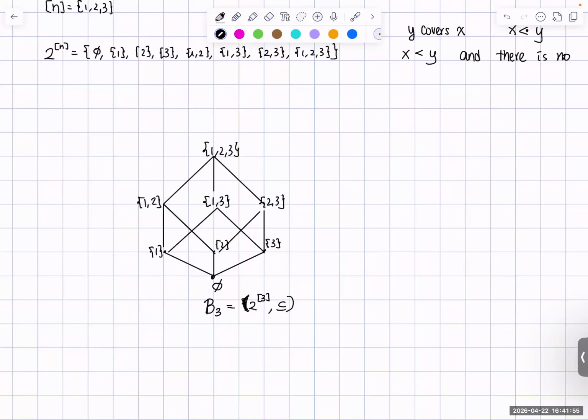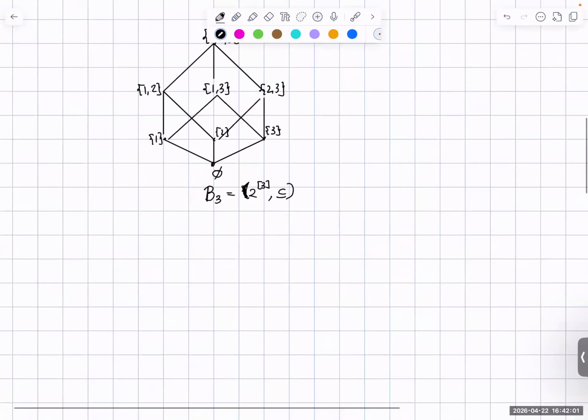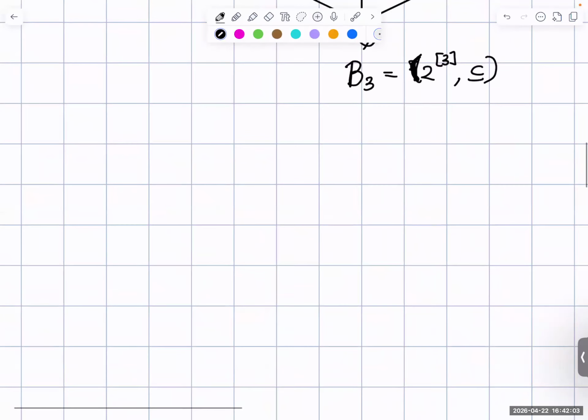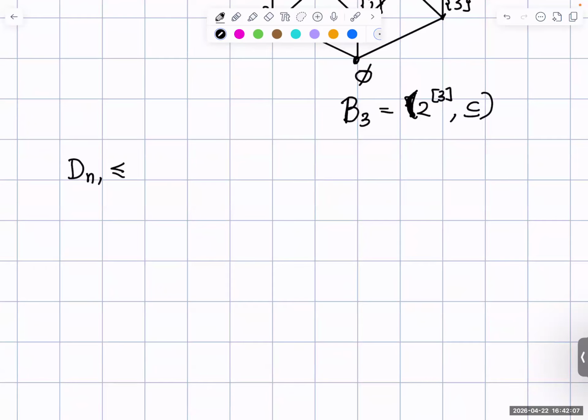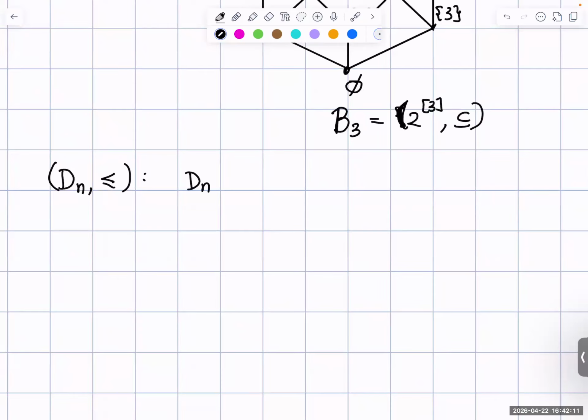All right, so let's look at more examples. The other one that I want to look at is D_n. So what is D_n? D_n is the set of all m such that m is a divisor of n, right?